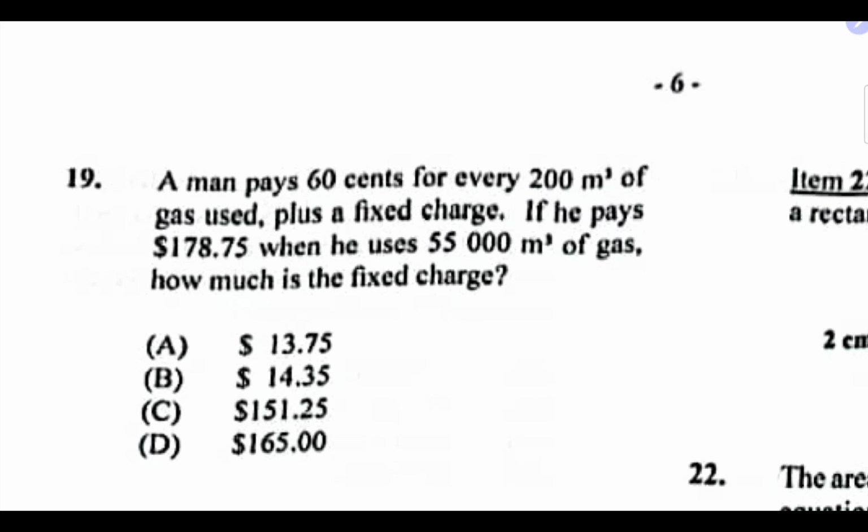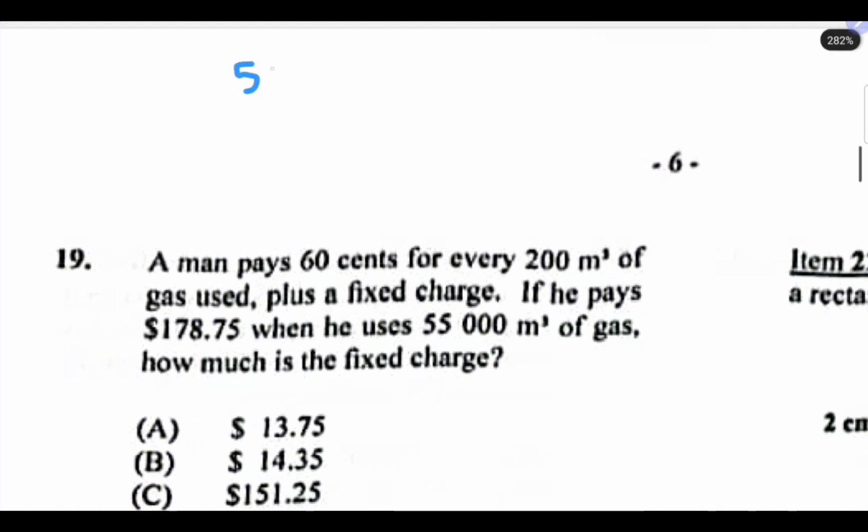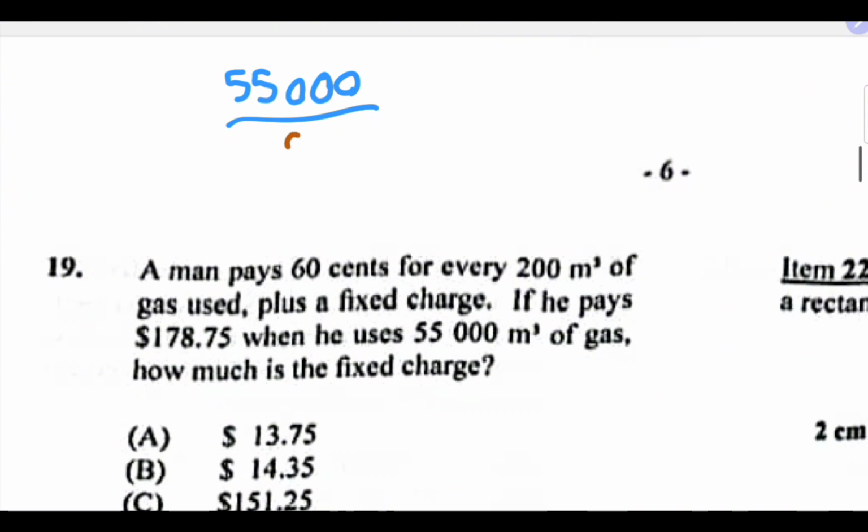So what we want to do is figure out how many 200 meters of gas was actually used. So we're going to take the total used gas, which was 55,000, divide that by 200.